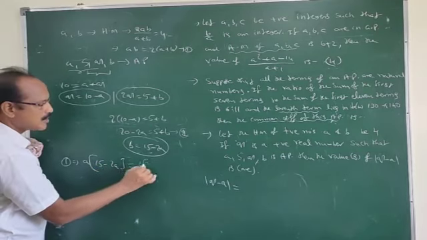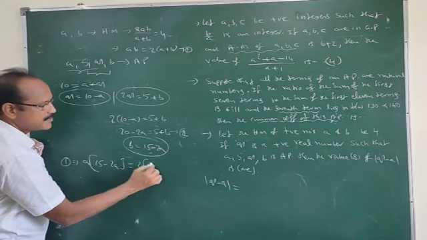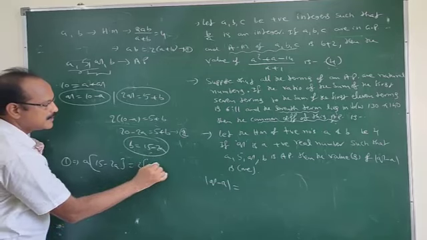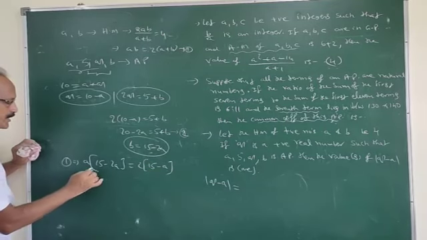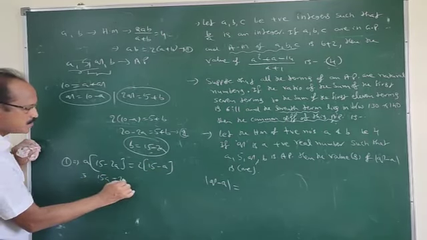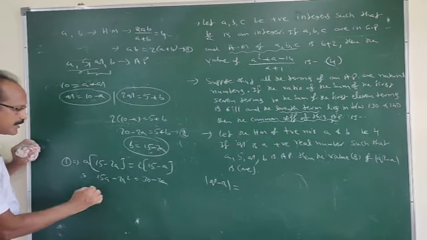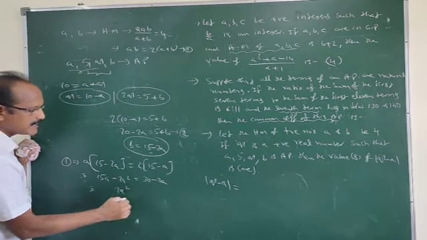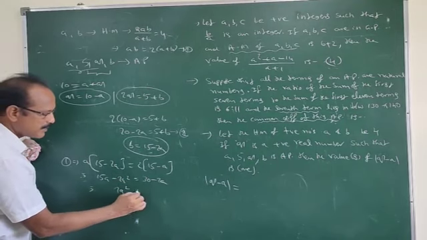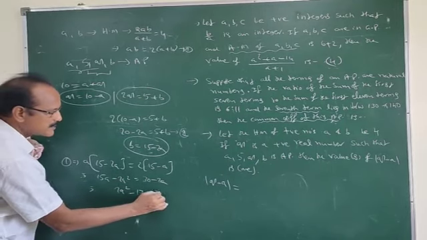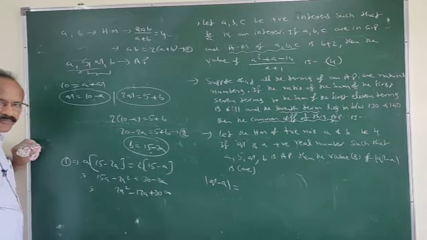Substituting the B value in equation 1, that is AB is equal to 2 of A plus B. A into (15 minus 2A) is equal to 2 of (A plus B), where A plus B is 15 minus A. That is 15A minus 2A square is equal to 30 minus 2A. Again a quadratic in A: 2A square minus 17A plus 30 is equal to 0.